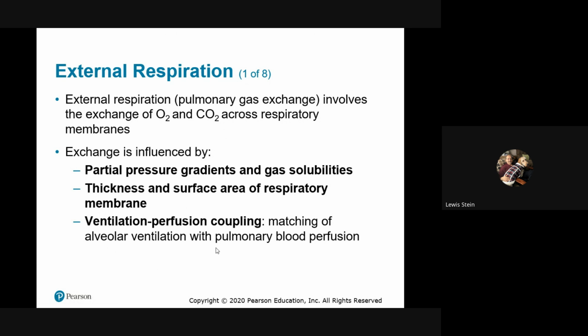That's important. And the interesting thing that surprises people is that it's the gradients. Oxygen has a fairly substantial concentration gradient difference that drives it into the bloodstream. Carbon dioxide does not. Carbon dioxide has a relatively small concentration gradient. Why do they diffuse equally?